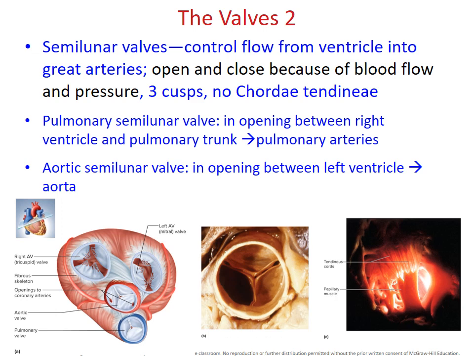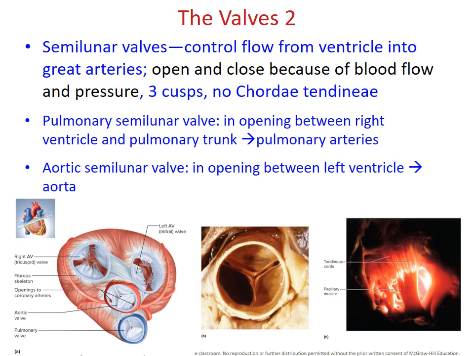If you would like, go ahead and take a look at the pictures that have been inserted on this slide. In a little bit, you're going to see some of them enlarged, but you can see in Figure A, the aortic valve and the pulmonary valve. Those are the ones encircled either in red or in blue. Notice how they have 3 cusps, 3 pieces that they're made out of.